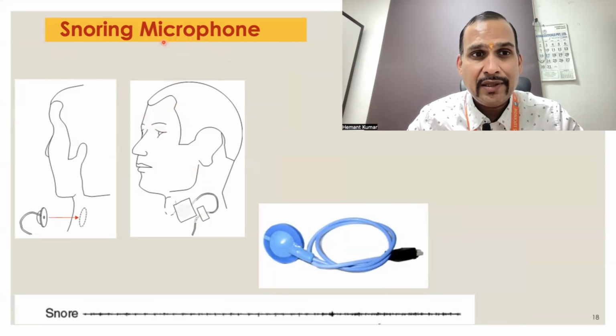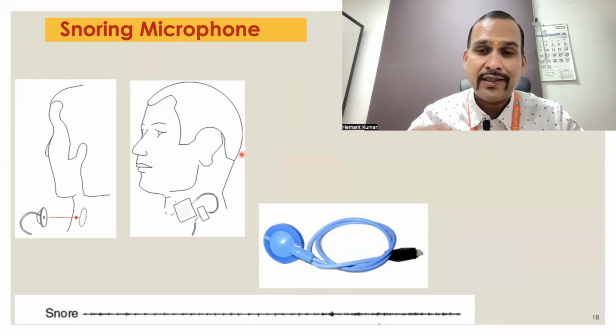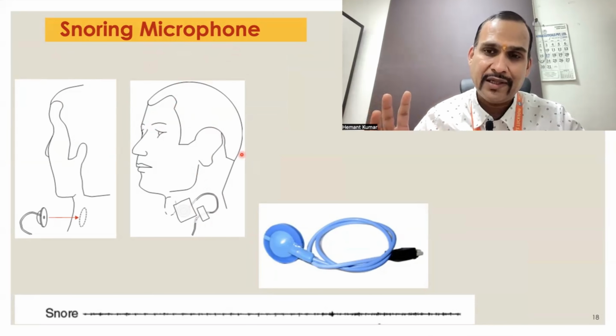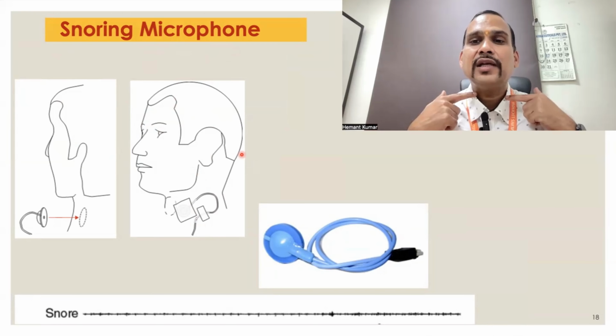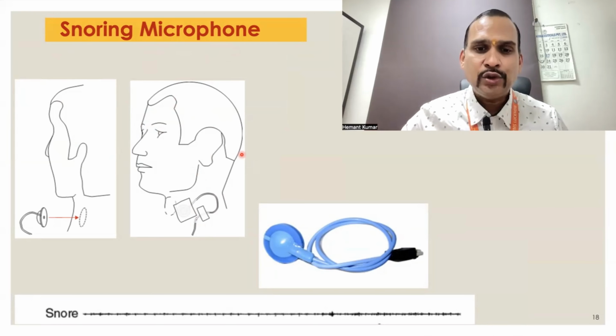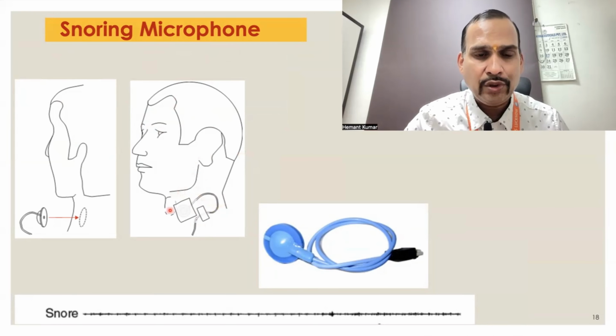Now this is the snoring microphone for detection of snoring. Snoring comes from the vocal cord, so this is a sensor we have to stick on a little part of the larynx so it can detect snoring.